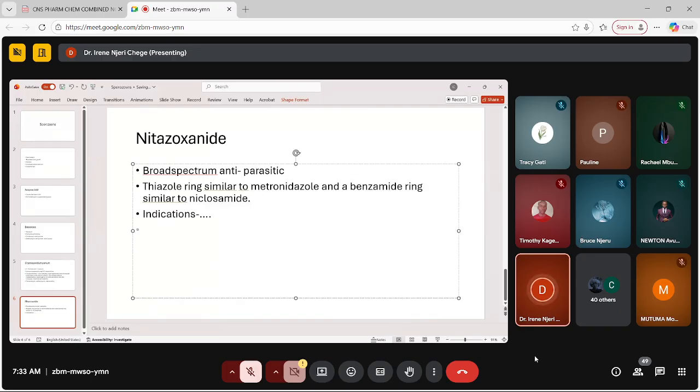Look at your BNF, but just say that it inhibits oxidoreductases. It actually inhibits what we call pyruvate ferredoxin oxidoreductases.